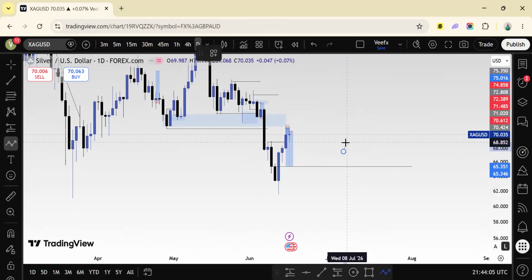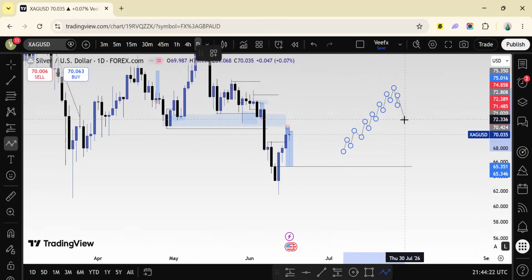This is one final example. If you have your MSS here, for example, and then the next thing is your inducement, right?